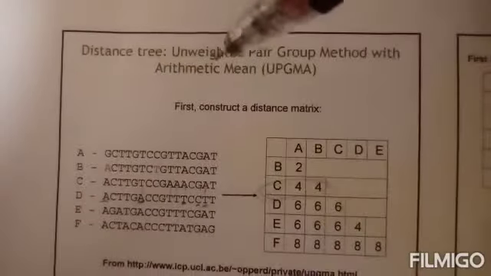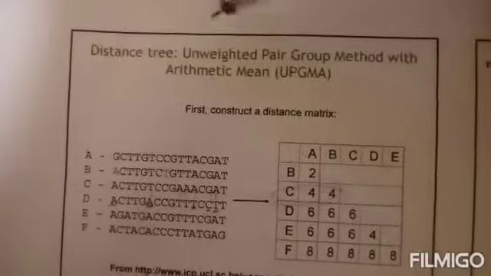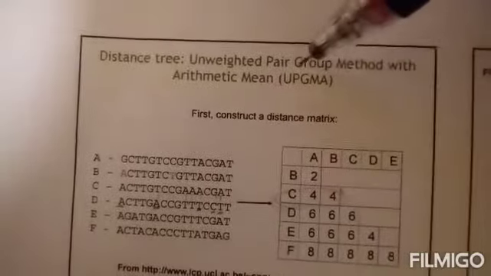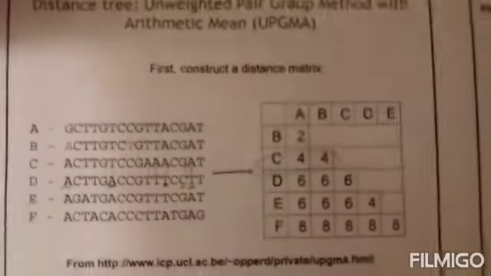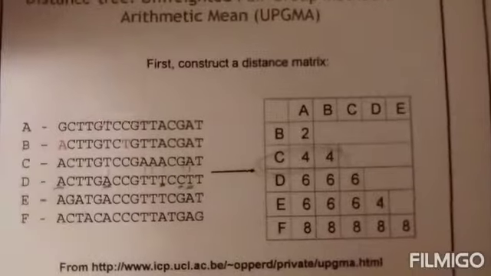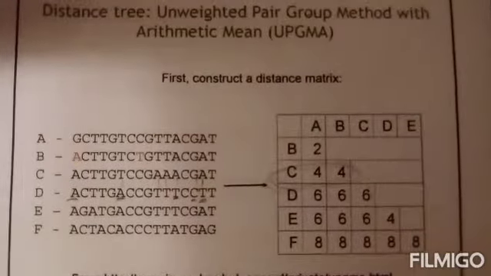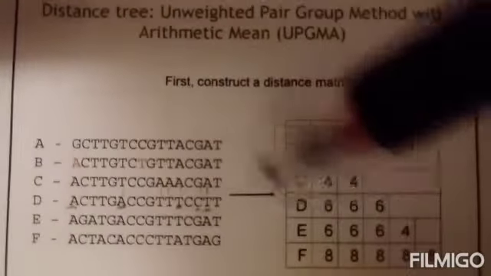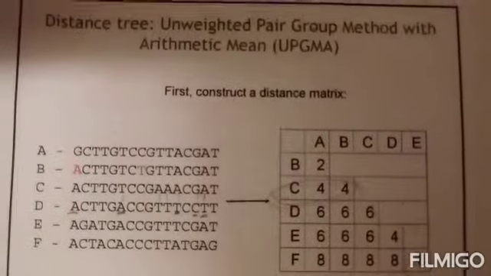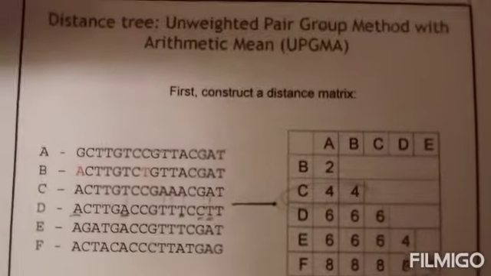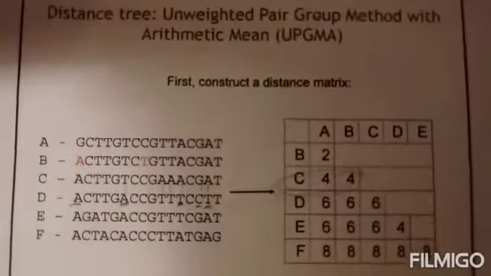Can you see this? This is UPGMA, that is the unweighted pair group method with arithmetic mean. The evolutionary distances are computed based on the pairs of sequences, based on the number of substitutions. The tree is based on the relationships among the distances. What does it mean?